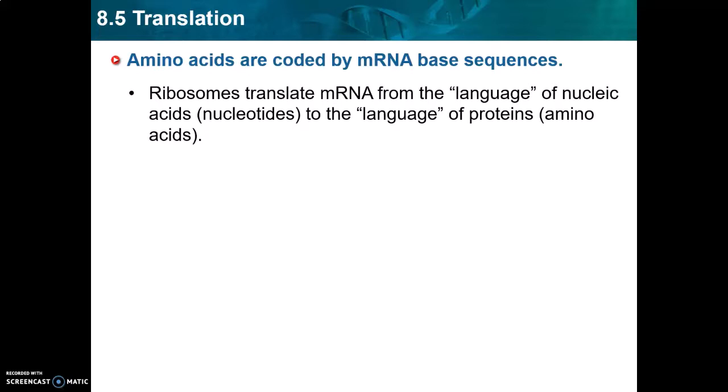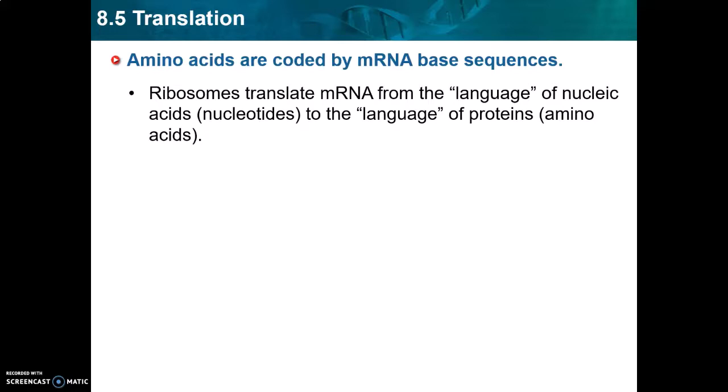So the language of the cell is going to be, first of all, the language of nucleic acids. mRNA is a nucleic acid. It's written in nucleotides, so that's one language. But the second language, what we're turning it into, is going to be the language of proteins. Proteins are made out of amino acids. So that's why we call this process translation.